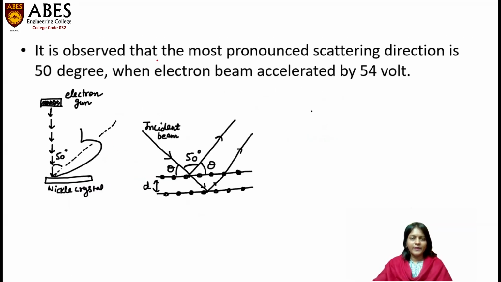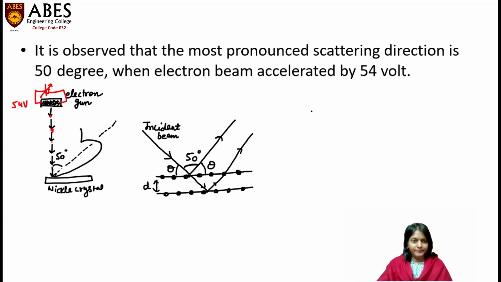It is observed that the most prominent scattering direction is 50 degrees, where the electron beam is accelerated by 54 volts. This is the electron gun, and suppose the voltage connected to it is around 54 volts.